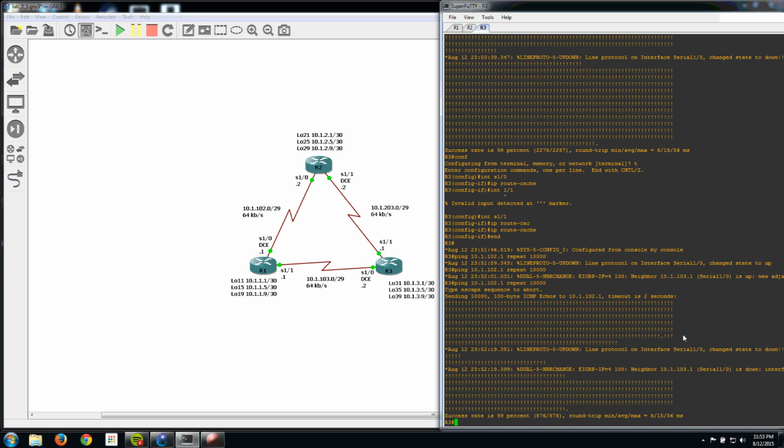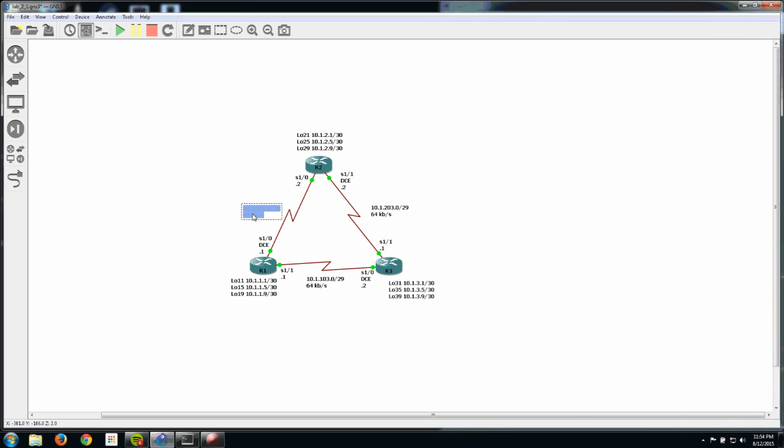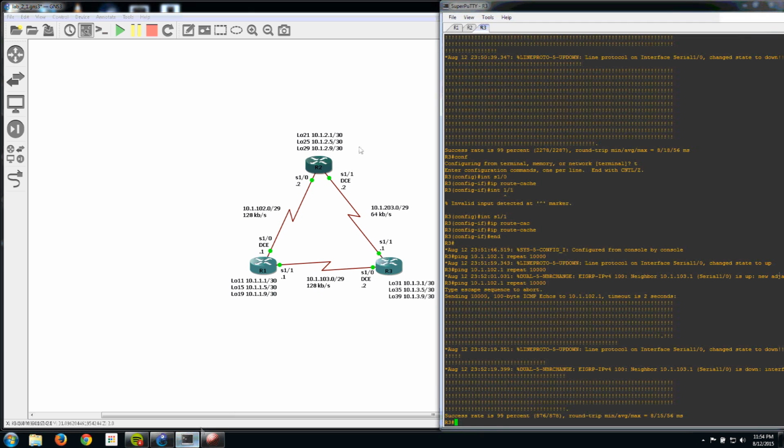Alright. So now let's play with unequal cost load balancing. What we want to do is change the speed of a couple of these links. We'll make this 128. We'll make this 128.